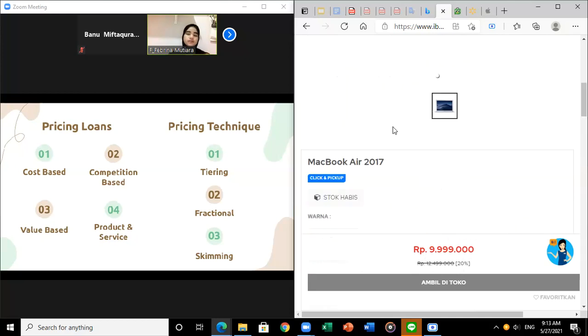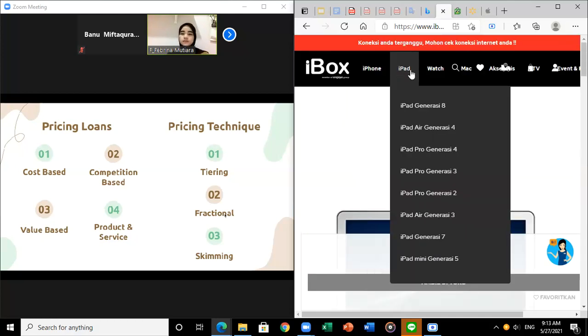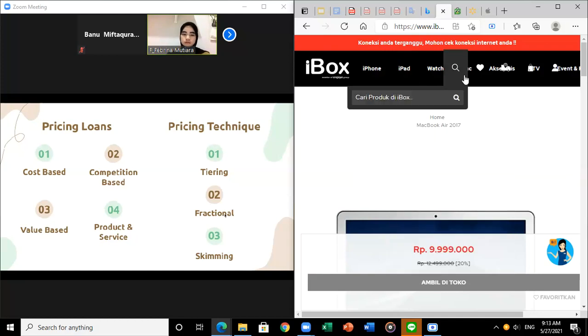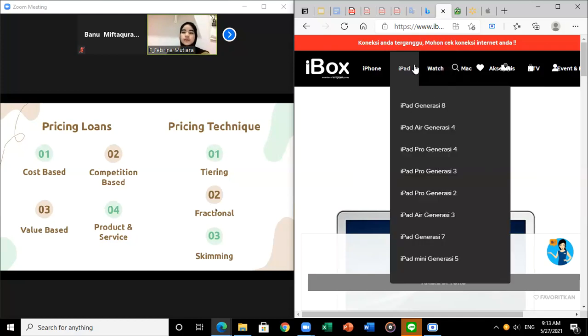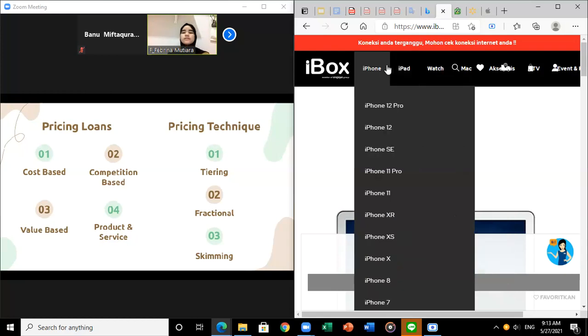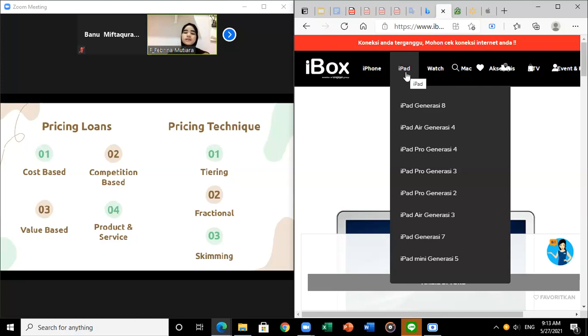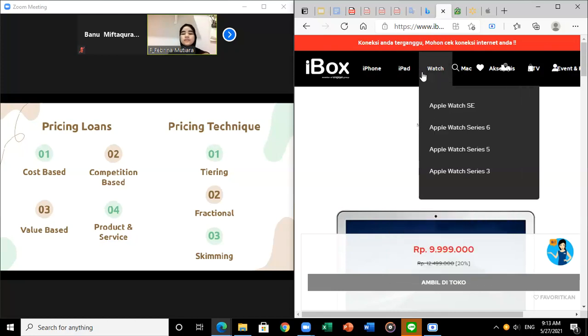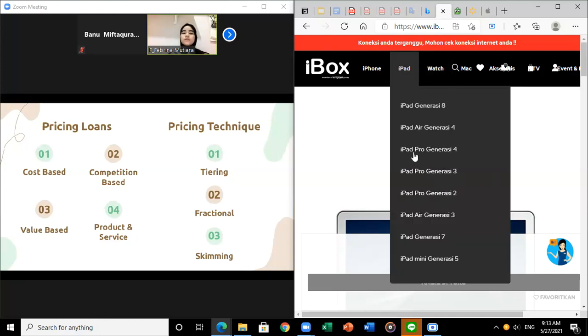Okay. Then there are pricing techniques. First there is tiering, fractional, and skimming. Tiering, known as price discrimination, is the practice of charging different prices for different sizes of loan.